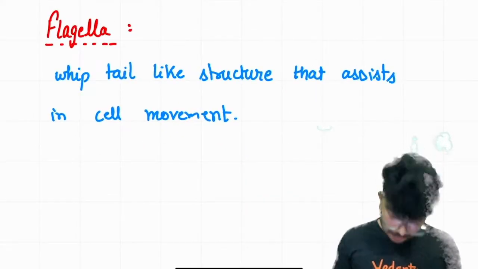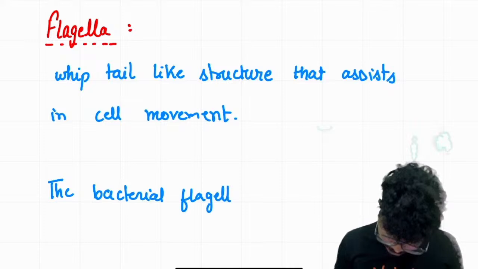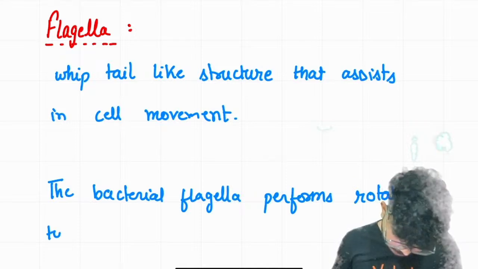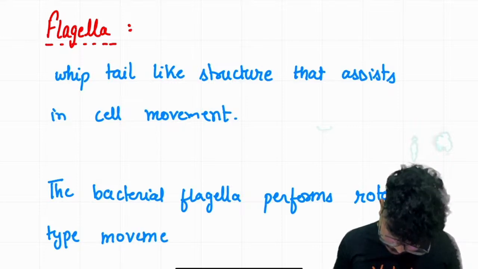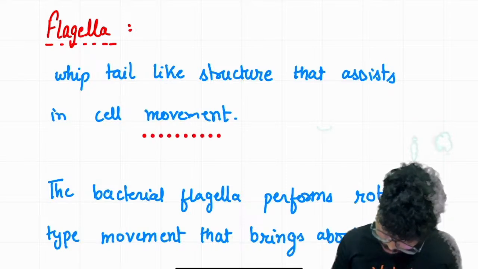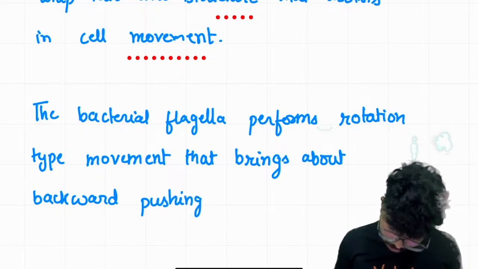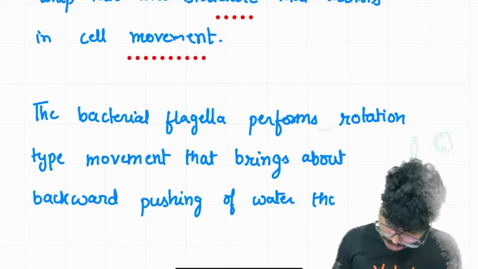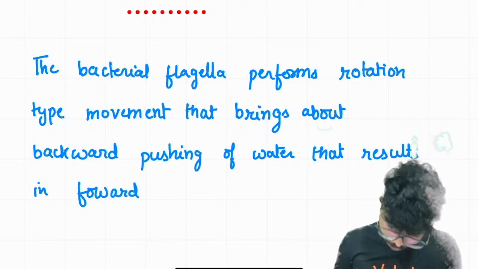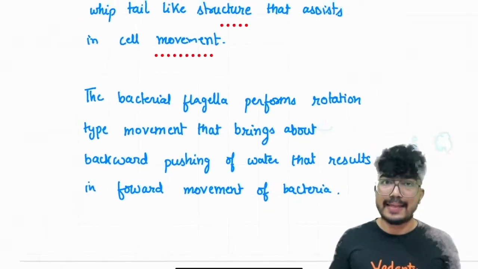Now the next point is going to be that the bacterial flagella performs rotation type movement that brings about backward pushing of water that results in forward movement of bacteria. Yes, so very important point about the flagella.